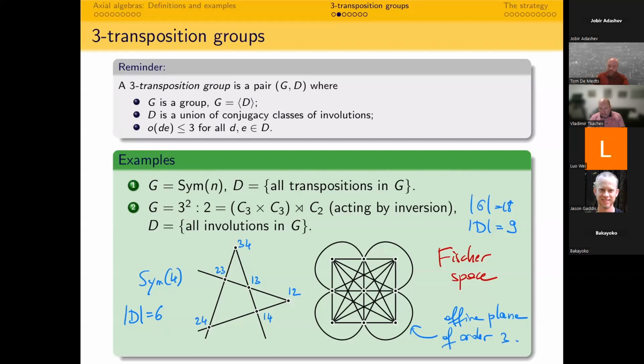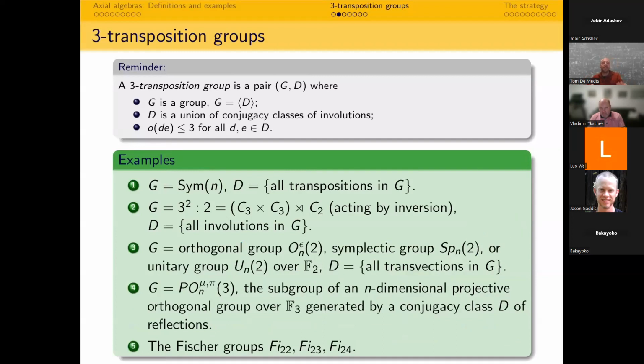There are some more examples, but I will just list them briefly, to show that there are non-trivial things going on and you really get interesting examples popping up. You get orthogonal groups over the field with 2 elements. Let me emphasize that typically you get things over the field with 2 elements.